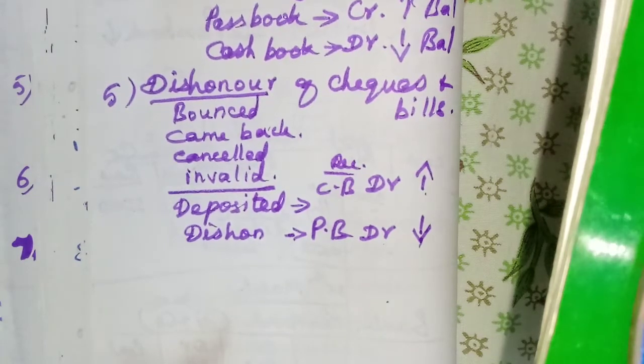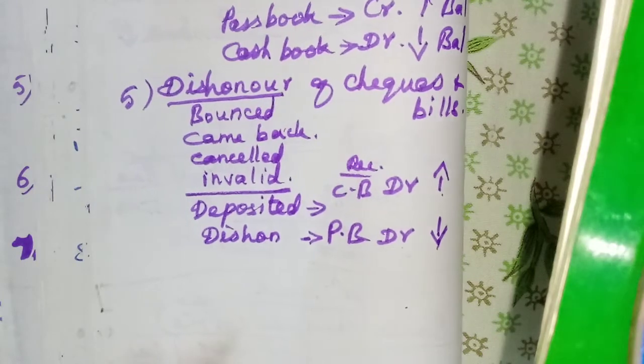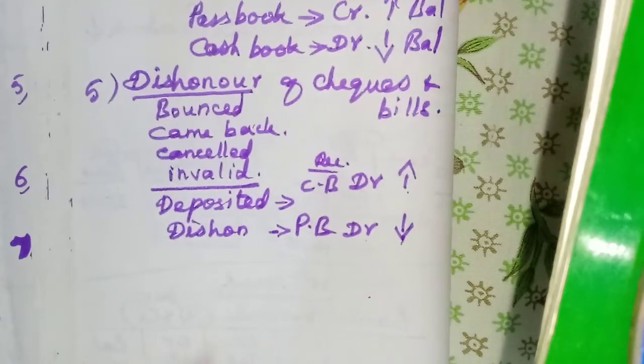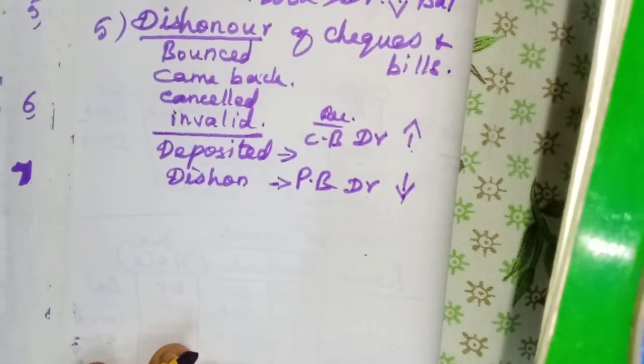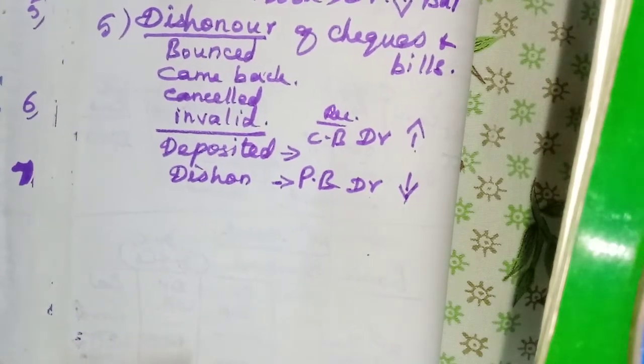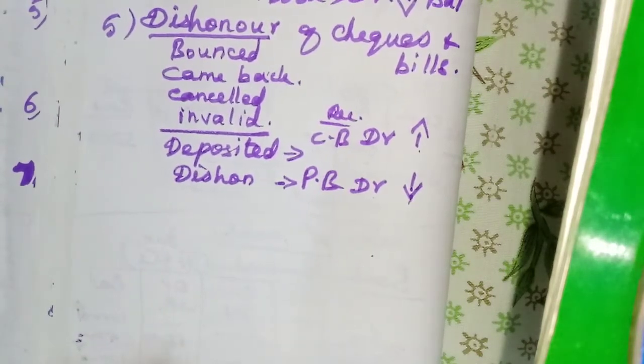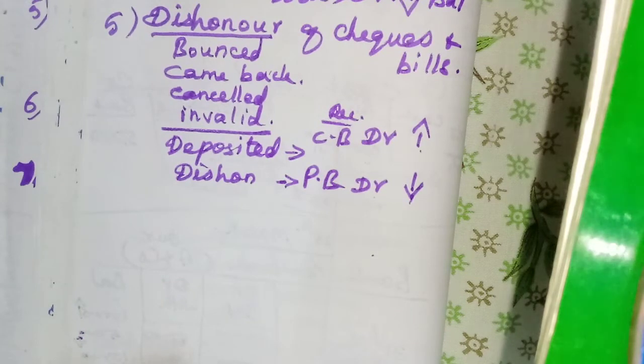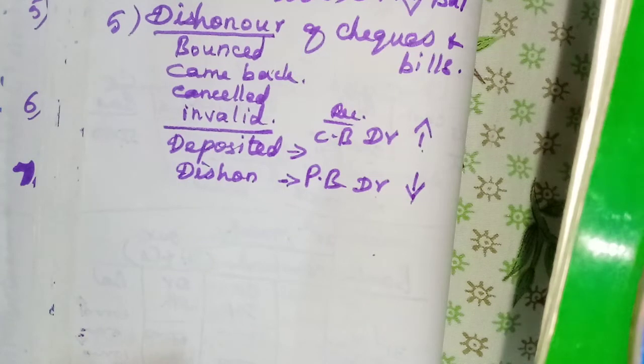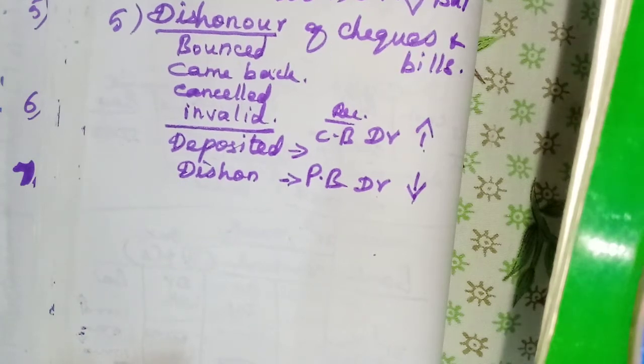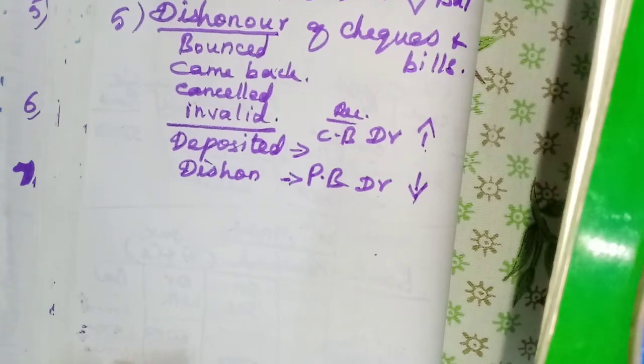Or a bill of exchange that is discounted in the bank, the bank will immediately credit our account, but they will send the bill for collection. If the bill is honored, no problem, they have already credited. But if the bill is dishonored, again they will debit our account for that amount.